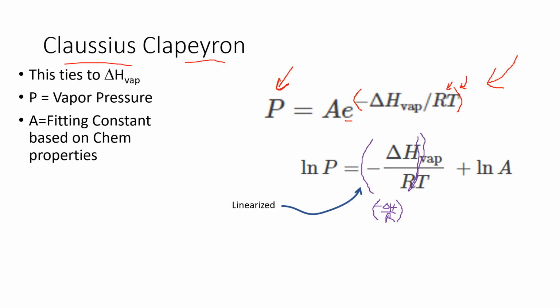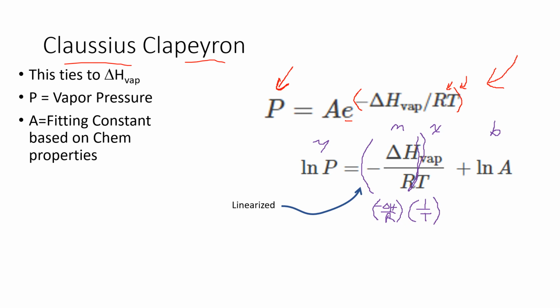So this is my y, and this is my m, and then 1 over T, you'd have to be careful and plot reciprocal temperature instead of just temperature. That's like my independent variable, my x. And now I've got plus b. So now I have a linearized form of this.